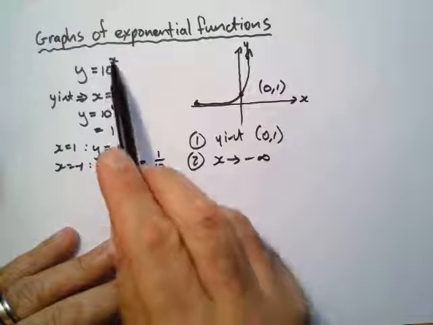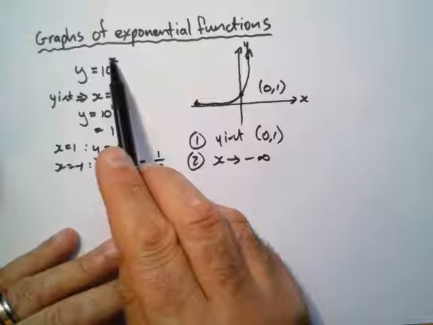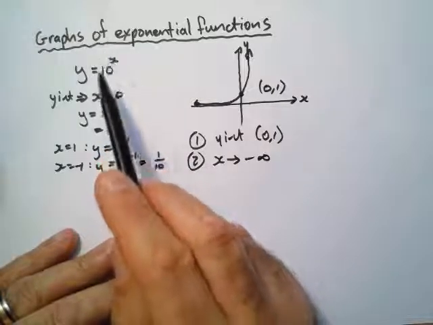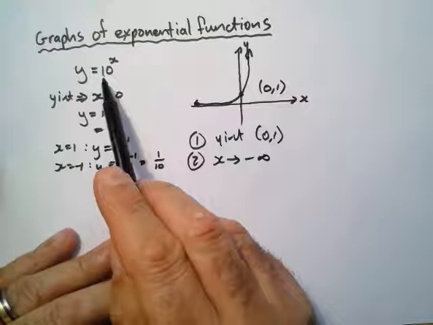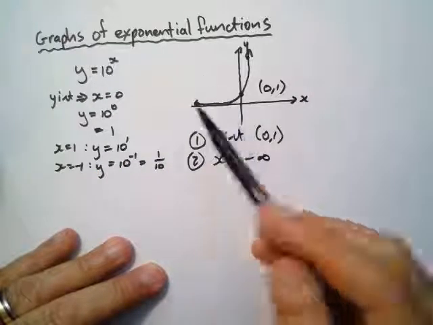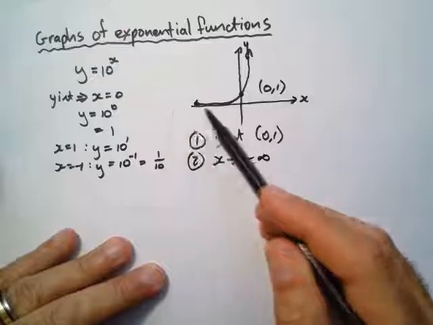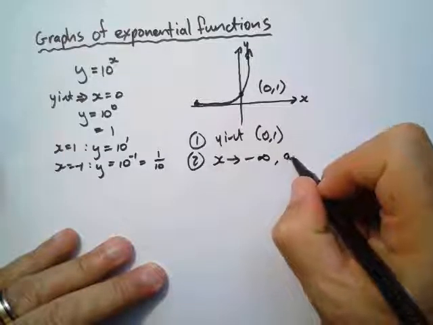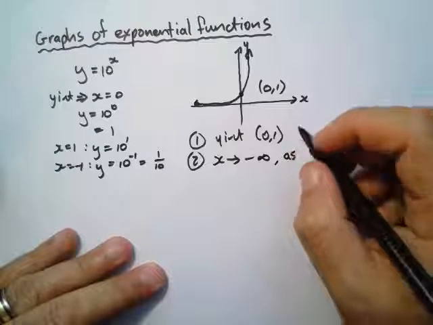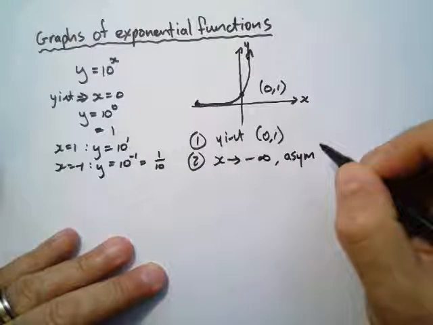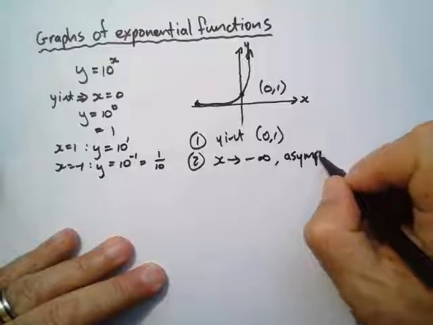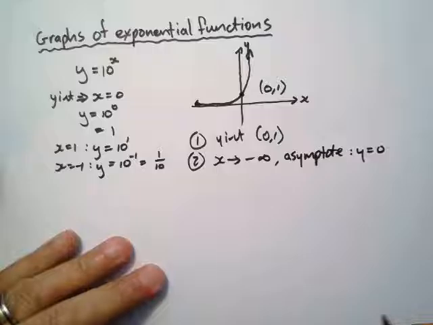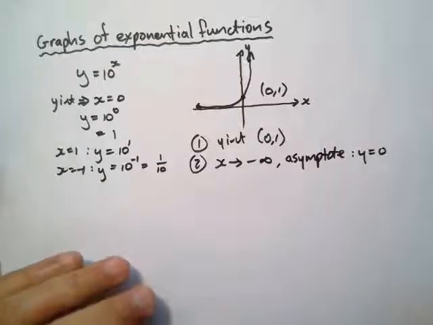It doesn't matter what value I put in there: negative 1,000,000 will still not give us 0. It will give us 1 over 10 to the power 1,000,000, which means it's coming closer and closer to 0, but it will never reach it. So we've got an asymptote. And an asymptote is a line that cannot be crossed or touched. So we've got an asymptote where y equals 0.